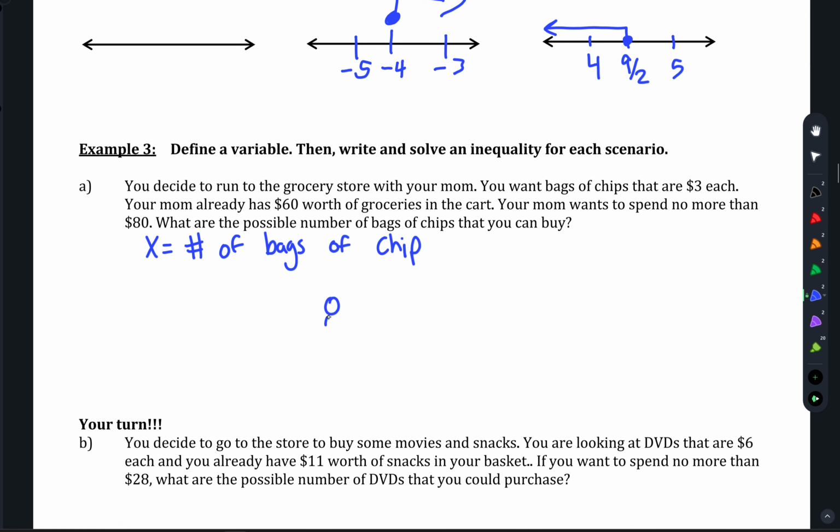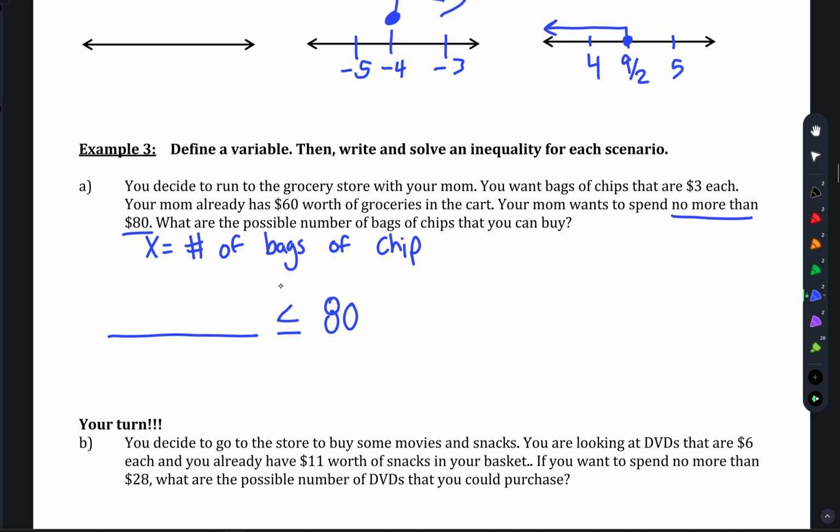I'm going to put that on the right side. I want to spend no more than $80. So let's assume that the rest of my equation is over here, and I'm putting an inequality symbol in there. What inequality symbol is no more than? Less than or equal to. It can equal 80. We can't go over 80. So I want less than or equal to.